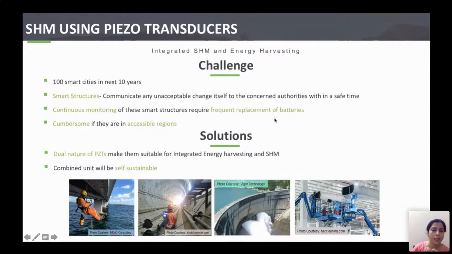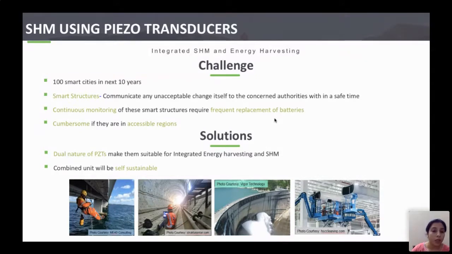As per the Prime Minister's vision of building 100 smart cities in the next 10 years, for any smart city, we need smart structures, right? First, what are smart structures? Any structure which can communicate any unacceptable change in itself to the concerned authorities within a safe time is a smart structure. Continuous monitoring of these smart structures is important.